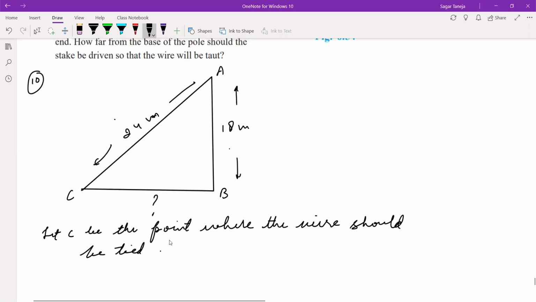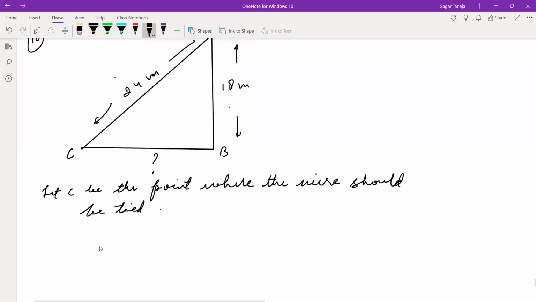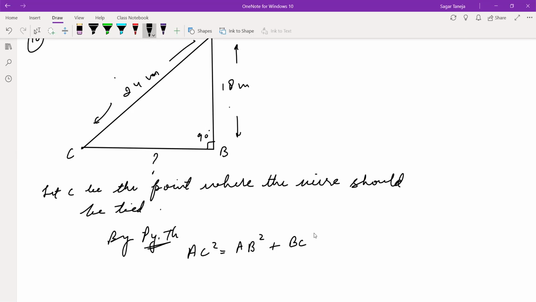So taking out the distance BC by Pythagoras theorem, as it is a vertical tower, it will always be at 90 degrees, we'll assume it. Okay, so again now AC square is equal to AB square plus BC square, where AC is 24 and AB is 18 and BC we have to calculate.